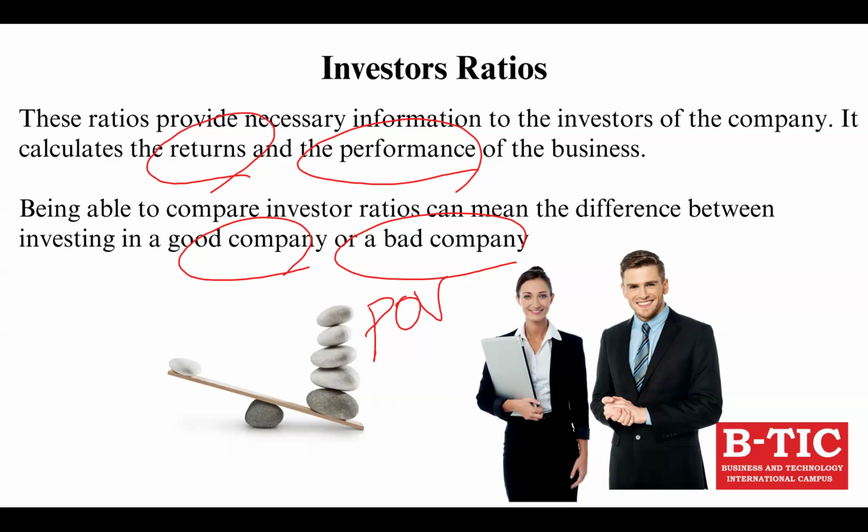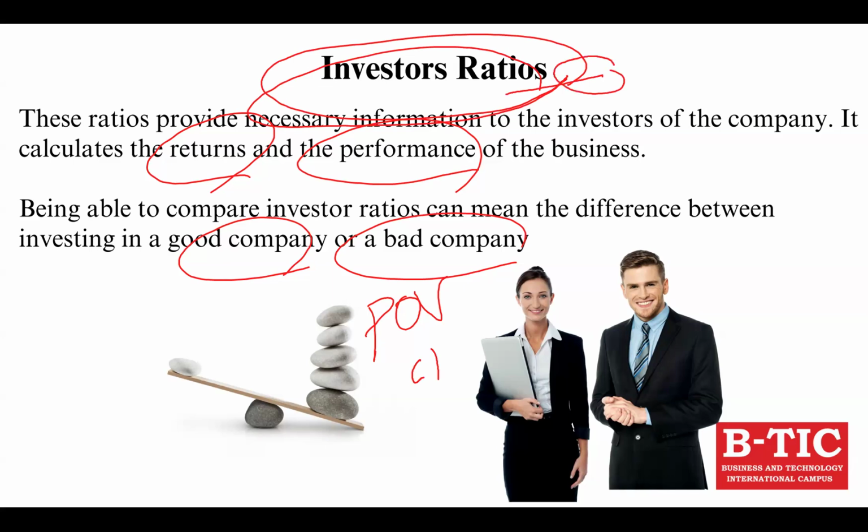But at the same time, investors also will look into the potential survival, whether this company is able to survive, whether their investment is safe in this company. So additionally, investors' ratios will be one of the primary focuses, but they'll also look into the other ratios, especially profitability and debt management ratios.